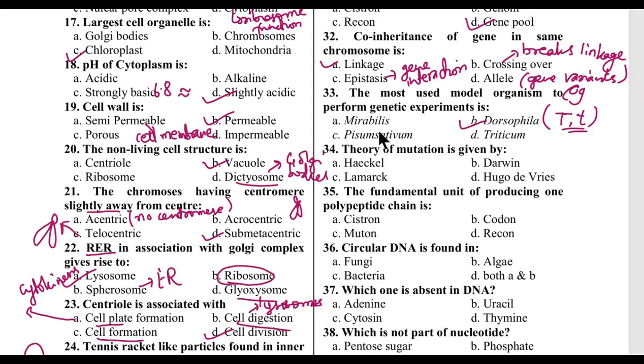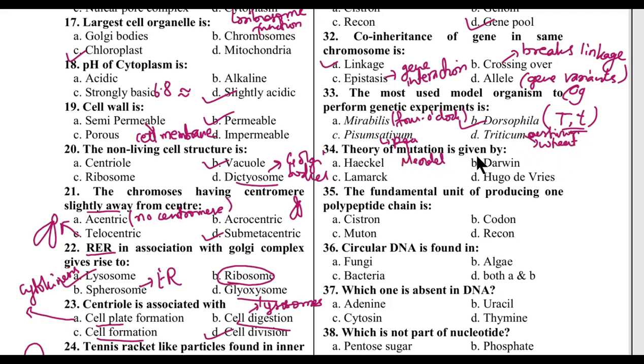In case of Mirabilis, it is also called the 4 o'clock plant. And Pisum is obviously the pea, which was used by Mendel for his experiments, and Triticum is the scientific name for wheat, Triticum aestivum.